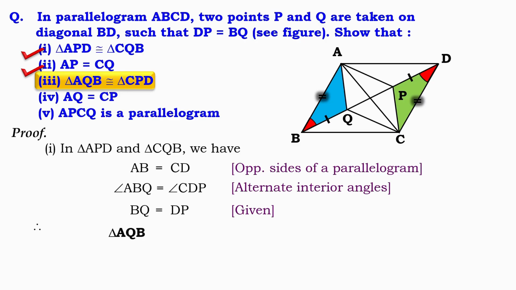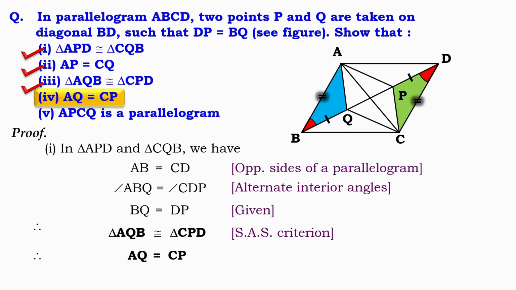So we can say that triangle AQB is congruent to triangle CPD by using the SAS criteria, right? Now, to prove the fourth one, that is AQ equal to CP, we can prove this by using the CPCT, because already we proved the triangles over here, correct?